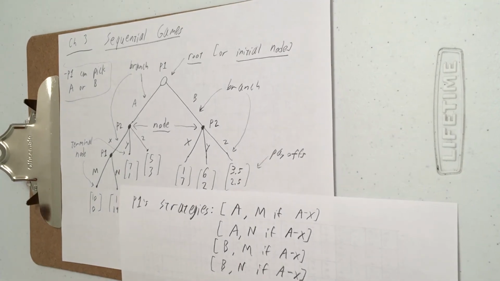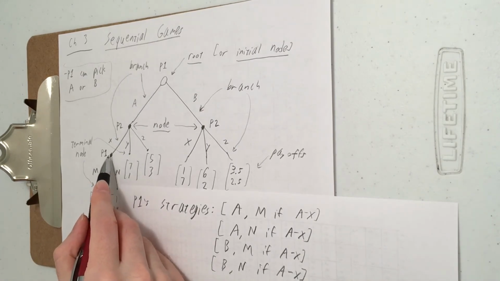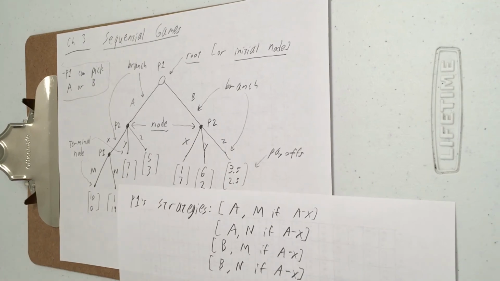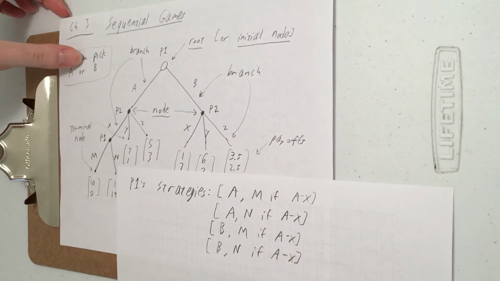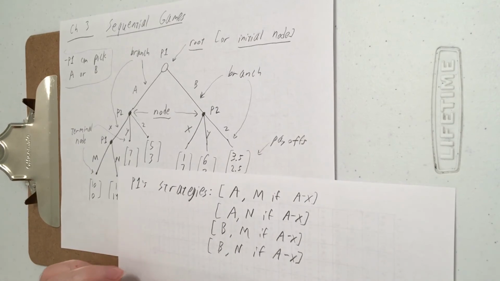So you play A by mistake, and then player 2 responds by playing X, then you find yourself at this node that you did not expect to be at. So you still got to have a plan for what you're going to do if you get there if you make a mistake. So that's why you still specify what you do at the node if AX, even if you're not playing A on move 1.